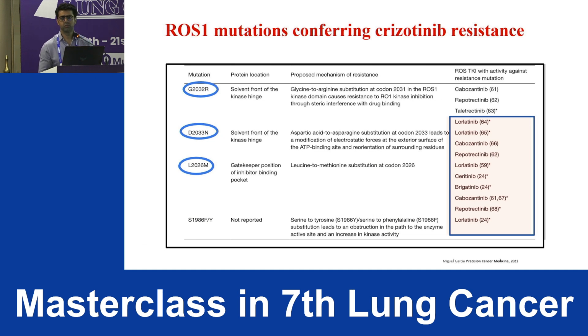These four are the most common ROS1-dependent mutations seen in our clinical practice. The G2032R mutation is the most common, and it is present in the solvent front of the kinase hinge region of the ROS1 protein. D2033N is also common, although it is the second most common, and the third one is L2026M, which is present in the gatekeeper position of the inhibitor binding pocket.